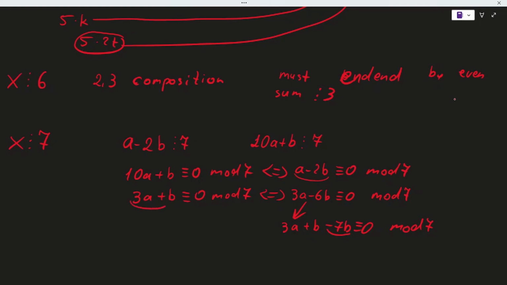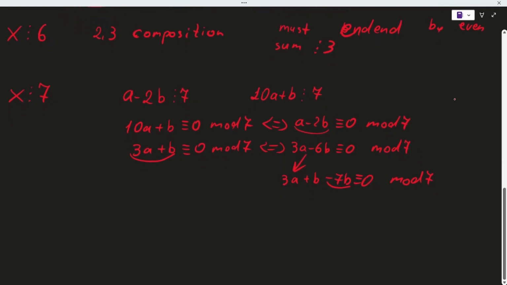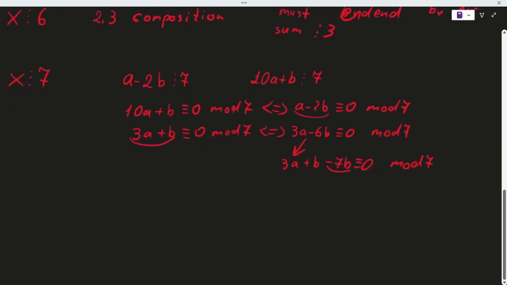So we get that 3a plus b is 0 mod 7 if and only if 3a minus 6b is also a multiple of 7. And so we prove the 7 divisibility property that if we just take the last digit twice and subtract the remaining numbers erased by last digit, we will get the exact result.